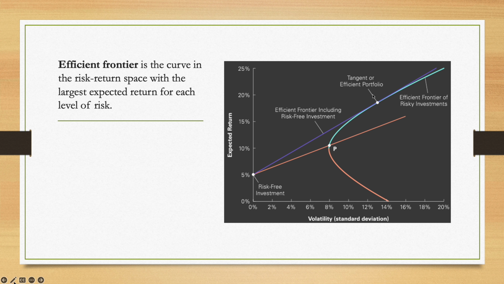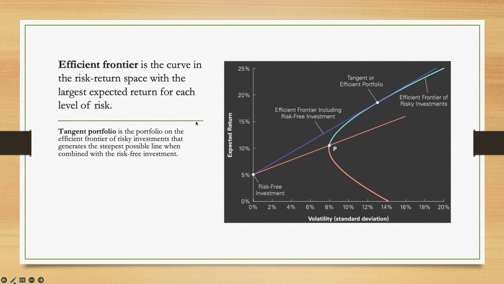The point where the purple line touches the blue curve corresponds to the tangent portfolio. Tangent portfolio is the portfolio on the efficient frontier of risky investments that generates the steepest possible line when combined with the risk-free investments.